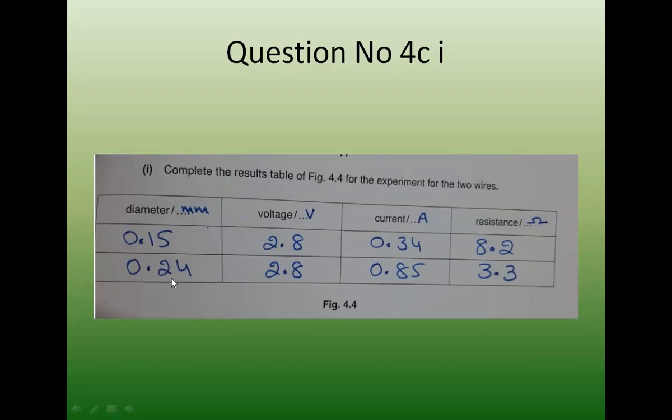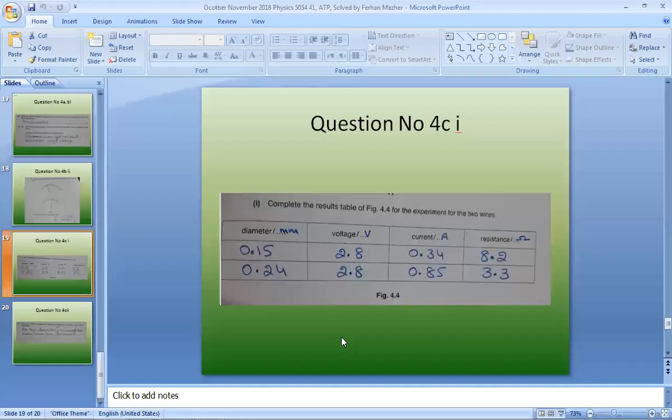And for 0.24 millimeter diameter wire, the voltage is the same, 2.8, and the current is 0.85 ampere, and the resistance R is equal to the voltage divided by the current. So it will be 2.8 divided by 0.85, and it will be 3.3. Resistance we have calculated by using a calculator.